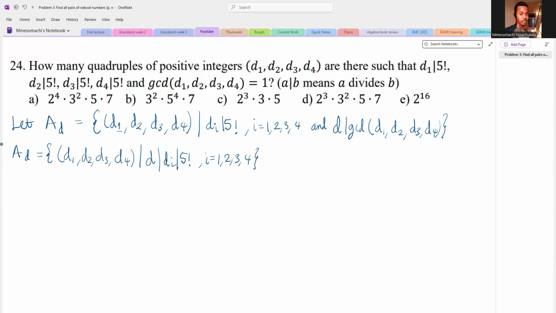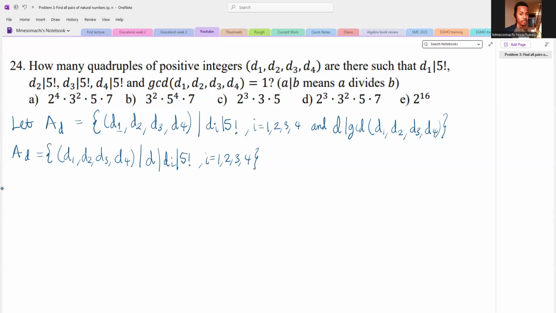The reason why we can restate it like this is because if D divides the GCD of d1, d2, d3, and d4, it means D divides each of the terms in that GCD operator, so D divides d1, D divides d2, D divides d3, and D divides d4.